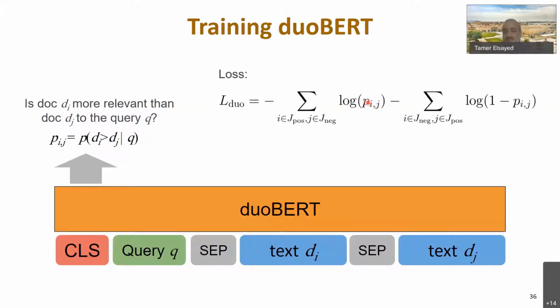So log 1 will be 0, so the loss here will be 0 if it is correctly predicted. And if we give the negative first, then we want the probability to be 0, and the loss in this case will also be 0. Is that clear? Any question on this?